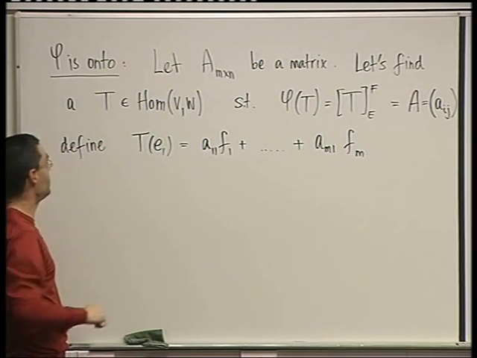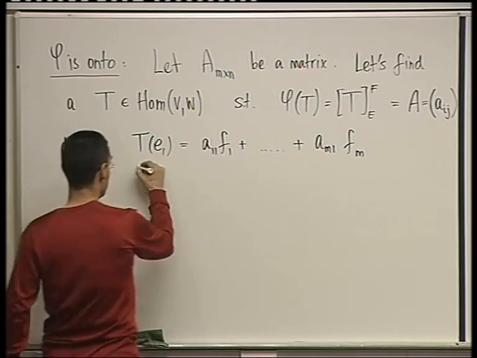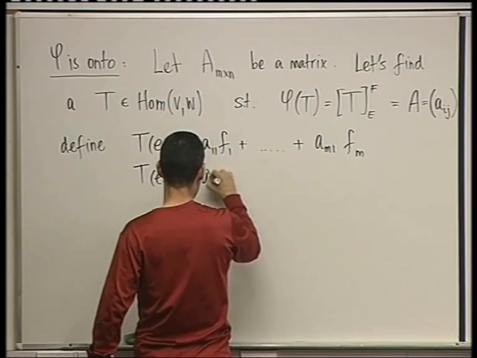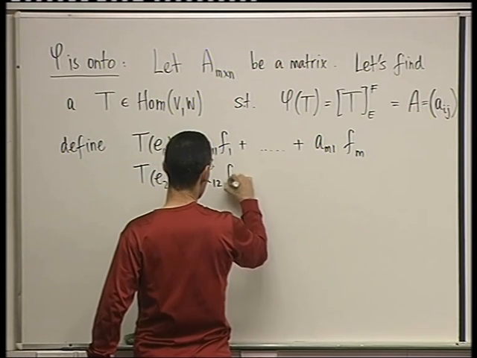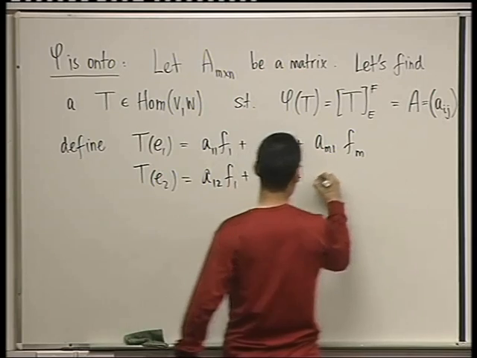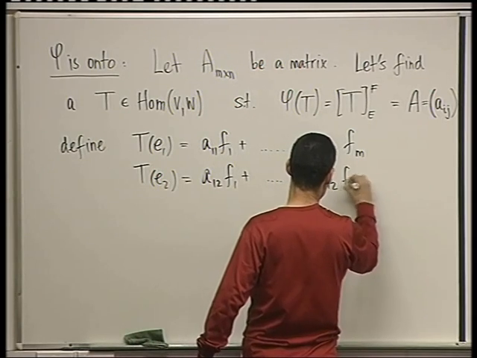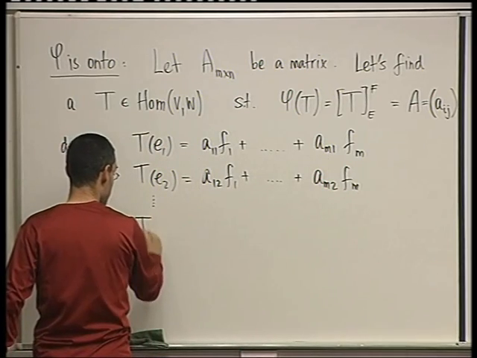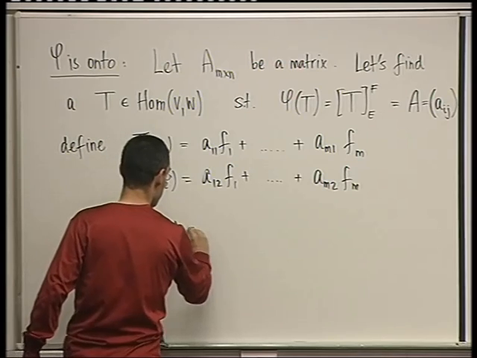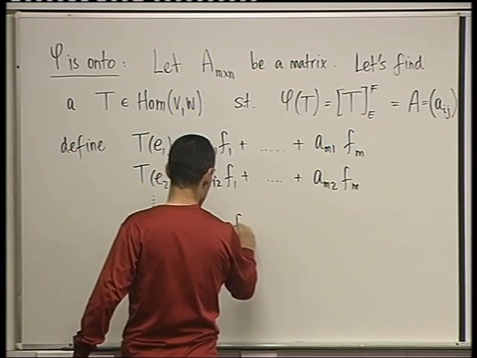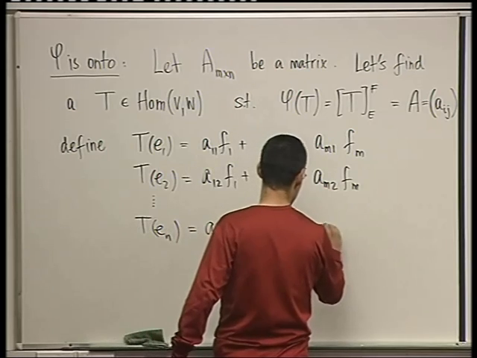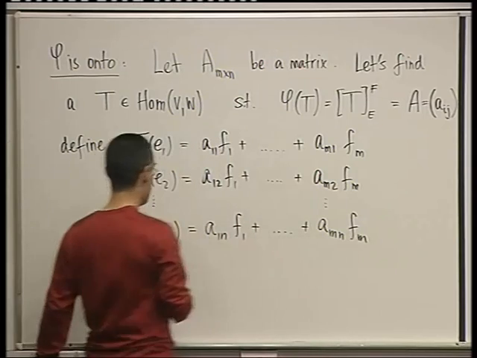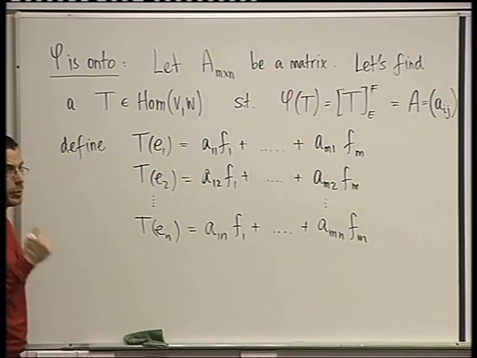That's how I'm defining T. And T of E2, I'm going to define it as A12 F1 plus dot, dot, dot, plus Am2 Fm. All the way to T of En is going to be A1n F1 plus dot, dot, dot, Amn Fm. That's how I'm defining what T does.